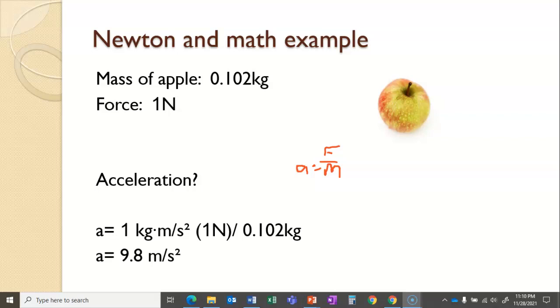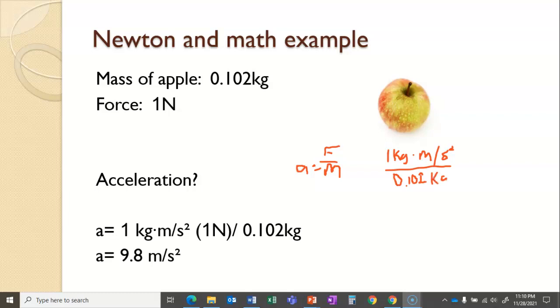The acceleration would be a force of 1 newton, which technically is 1 kilogram times meter per second squared, divided by a mass of 0.102 kilograms.